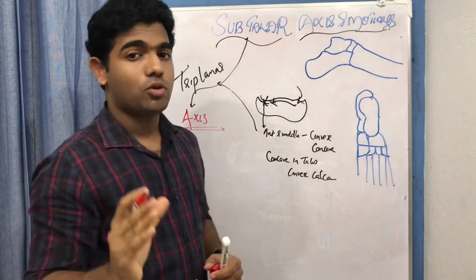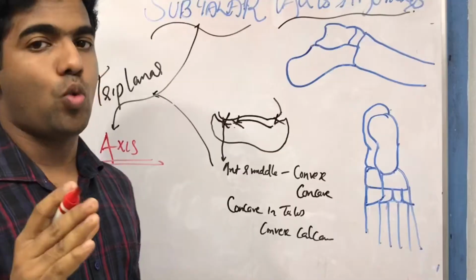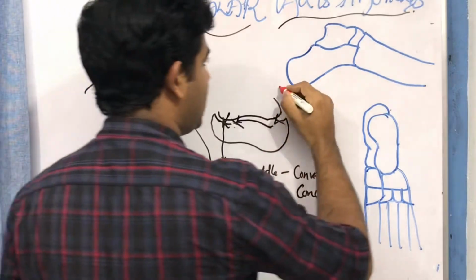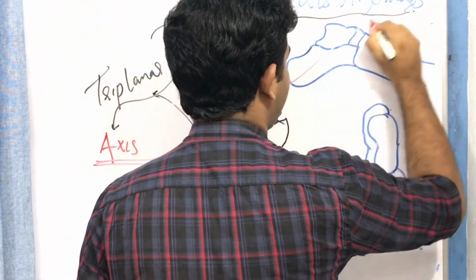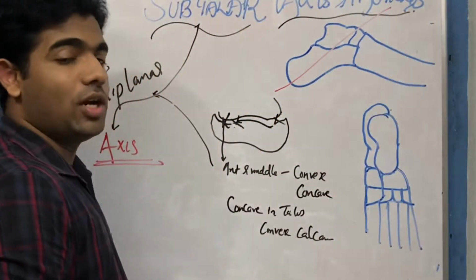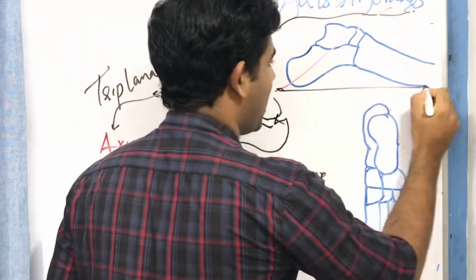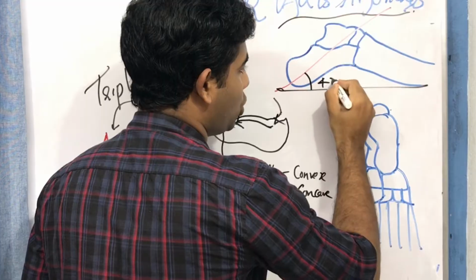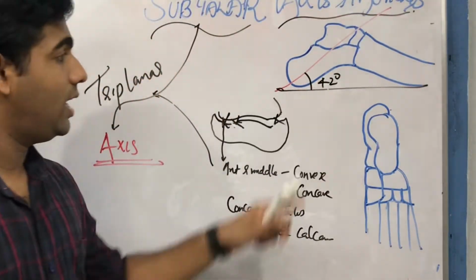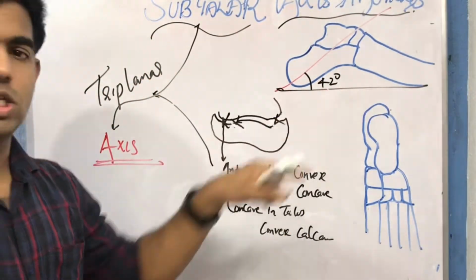The subtalar motion axis is also an oblique one, and we see we have an oblique axis like this, which is oriented about 42 degrees from the transverse plane. This is the transverse plane.